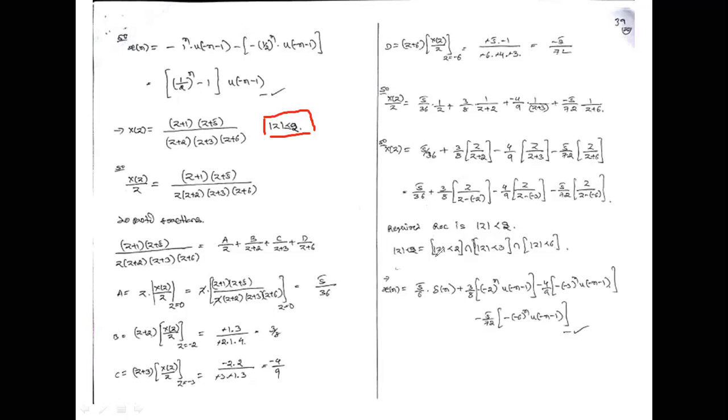The first term, the inverse transformation of 1 is delta of n. So 5 by 6 into delta of n. The coefficient is 3 by 8, z by z minus a. A is minus 2, it is not plus here, my dear students. Minus 2, a is minus 2.